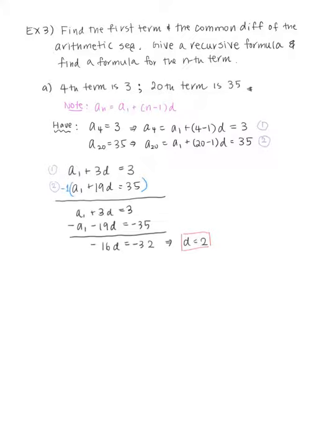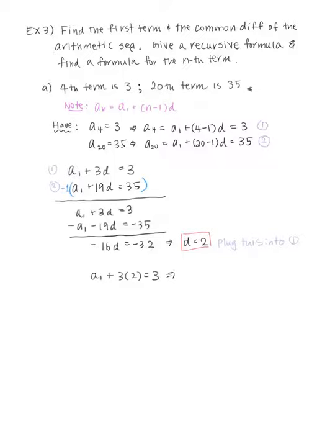Now to find a sub 1, the first term, plug that d value into either one of the equations. Pick a cute one. To me, the top one, equation 1, looks cuter, so I'm going to use this. It doesn't matter which one. So what we're going to get is a sub 1 plus 3 times 2 equals 3.